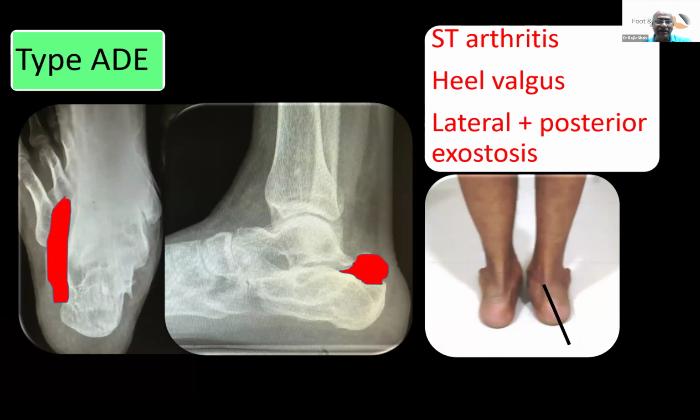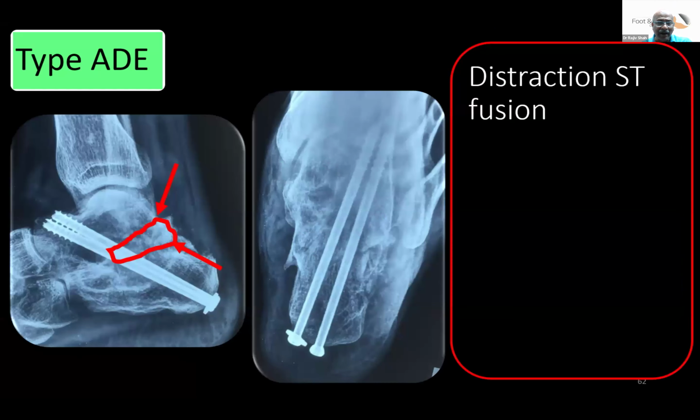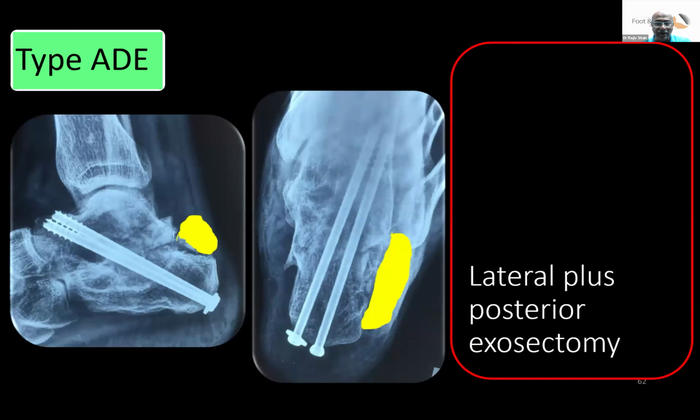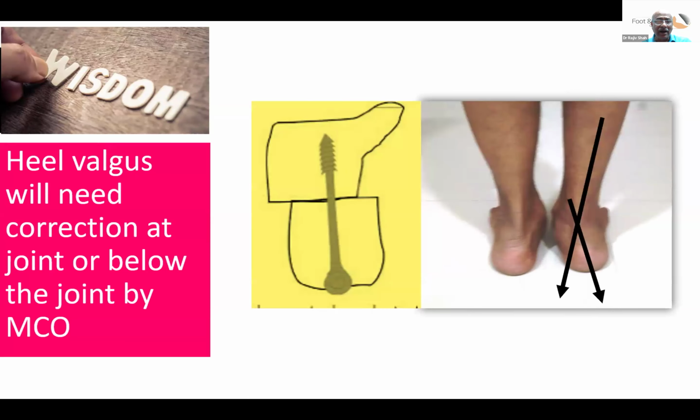It was treated with lateral exostectomy and posterior exostectomy through an extensile lateral approach, together with distraction subtalar fusion, correction of the heel valgus, and heel height restoration, and it went on to heal. So heel valgus can also be associated with calcaneus malunion, the message I want to give through this case.